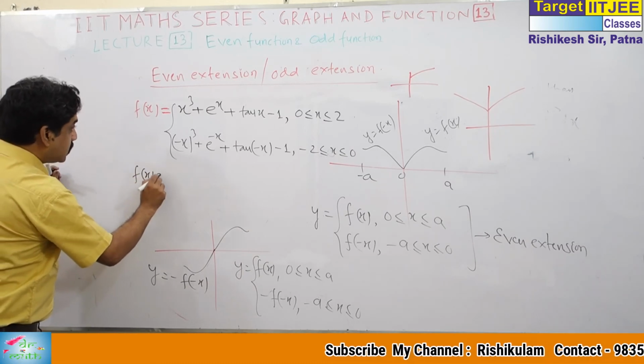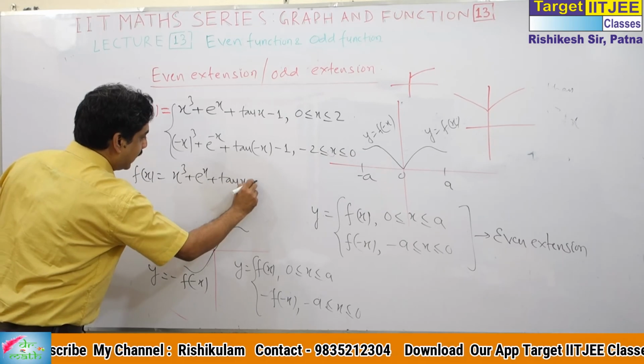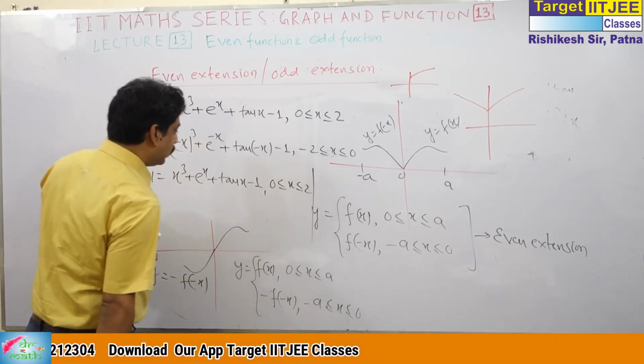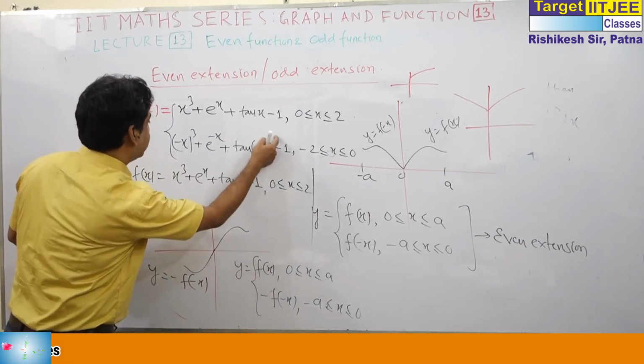For odd extension, f(x) = x³ + e^x + tan x - 1 for 0 < x < 2, and we put a minus sign outside with -x inside.